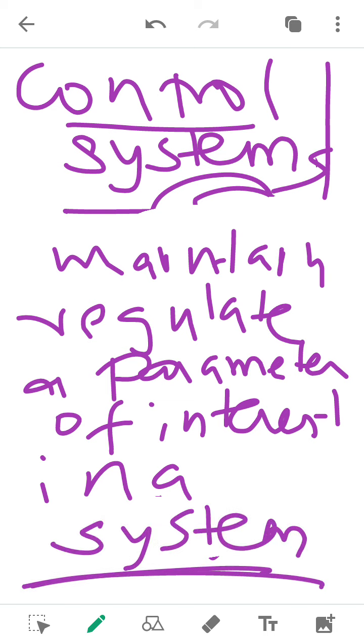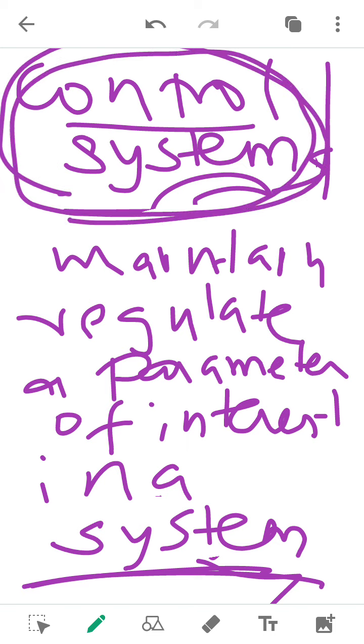So you are going to control one particular parameter in a system, so that will be called a control system. So in this module we have learned what is a system and what is a control system. The next module we will be discussing the various ways in which you will be able to classify control systems.